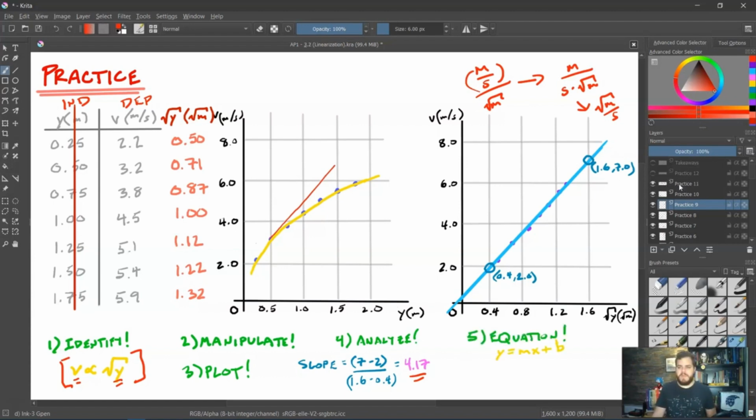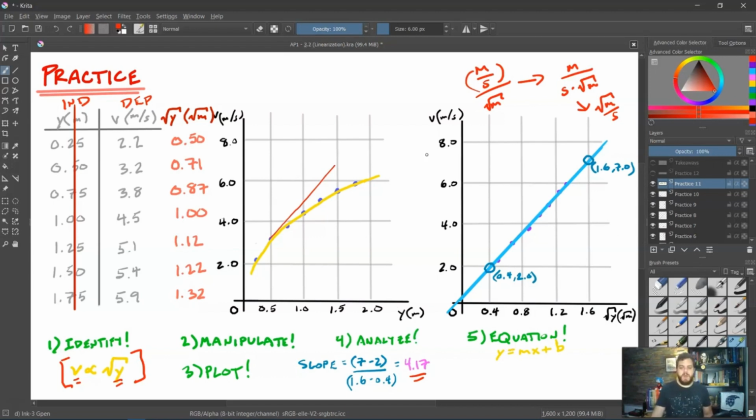And now I could say, well, now I need to write this into a proper equation, and it's going to look like a linear equation, but by changing y and x, it will in fact no longer be linear. And so the slope was 4.17. The y-intercept is a little above 0, so I'm going to go ahead and include a y-intercept on this one.